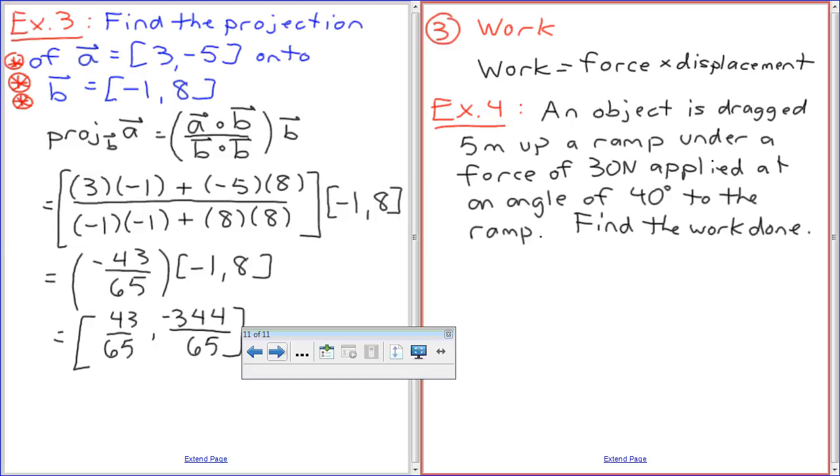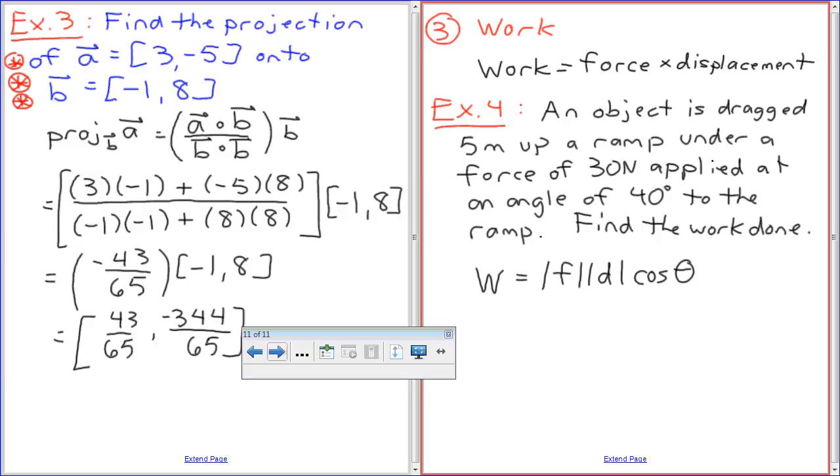Okay, this looks complicated. It looks tremendously complicated. But it's not, okay? All the work is going to be is magnitude of force, magnitude of distance, cos of theta, which conveniently would be force dot displacement, okay?